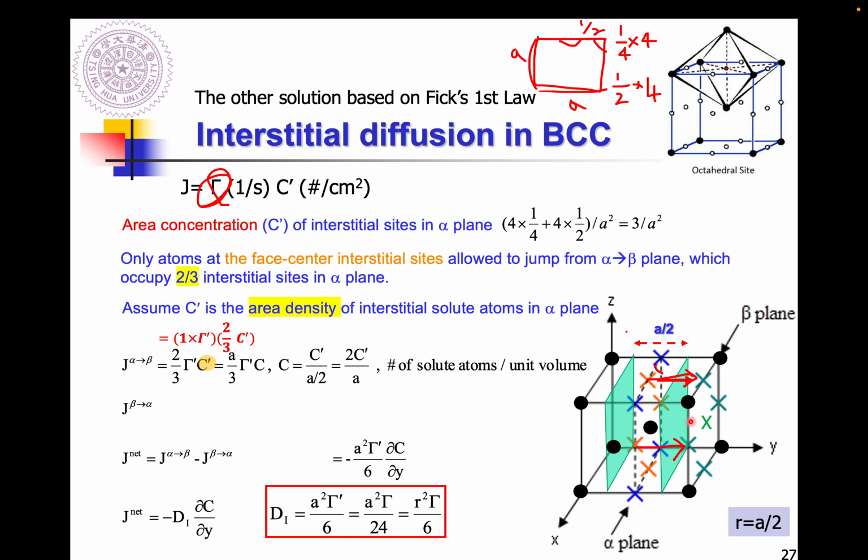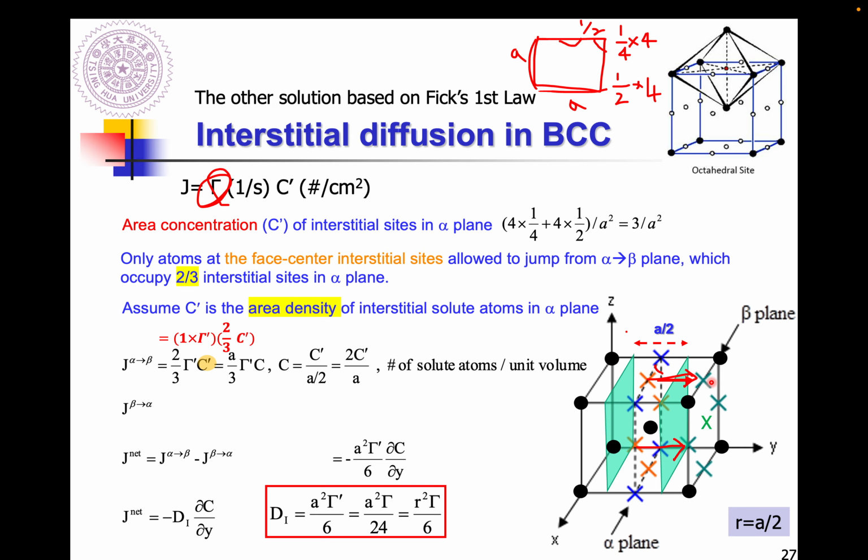And the same idea, just the atoms located at the edges can make a successful jump to the beta or alpha plane. So it turns out I also have 3, and this one cannot because we have a cubic with a host atom at the center.